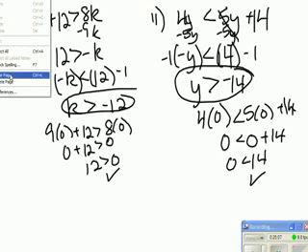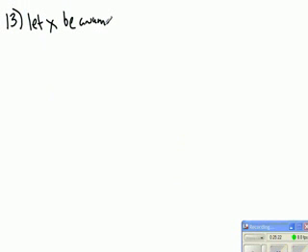Moving on to number 13. Number 13 is, again, you have to define the variable. So I'm going to continue to use x. You can use whatever letter you want. Let x be a number. And it says the sum of a number, sum means adding, so the sum of a number and 8, so x plus 8, is less than 12.